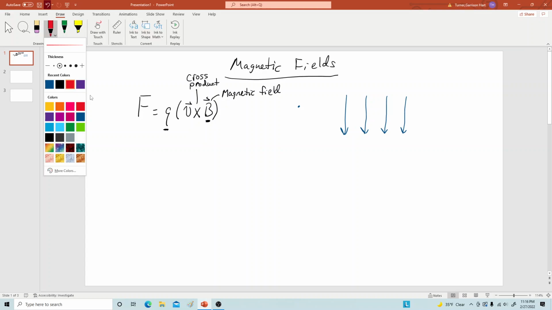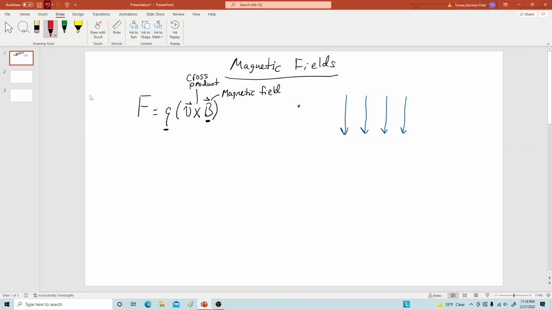There, it took it. So, we have a charged particle Q, and it's being injected into the magnetic field like this.